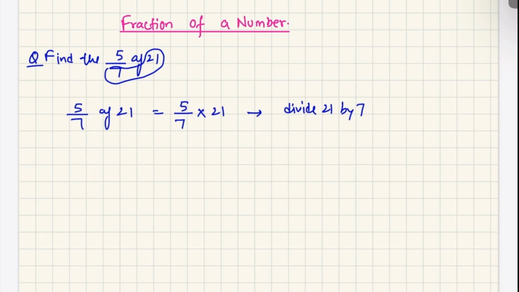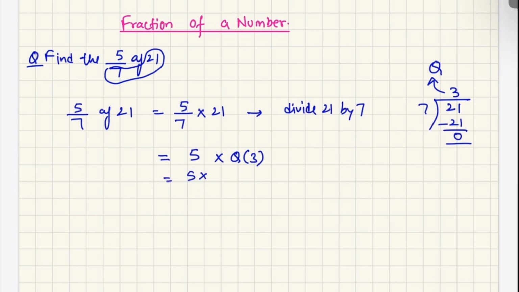Divide 21 by 7. That means 7 times 3 gives you 21. Remainder is 0. So our quotient is 3. Now in the next step, I'll multiply the numerator by the quotient, that is 3.